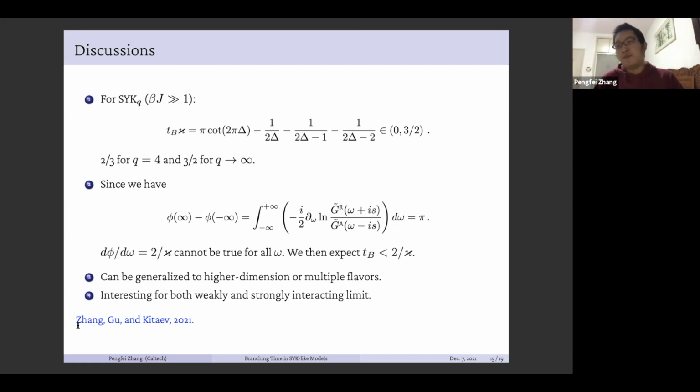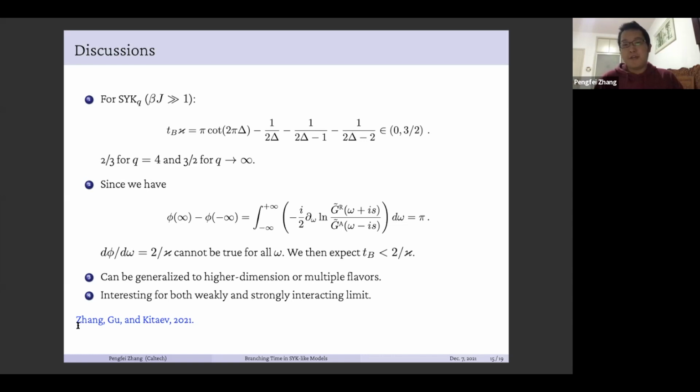Although in previous discussions I haven't written out all the flavor indices A explicitly, in fact this can be done very easily by adding all the labels. So this bound works for general SYK chain models or SYK models with multiple flavors. These models are also interesting in both the weakly interacting limit and the strongly interacting limit.